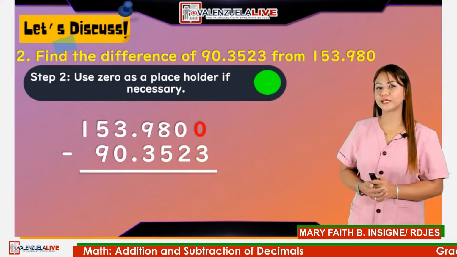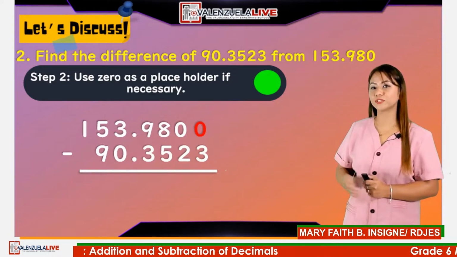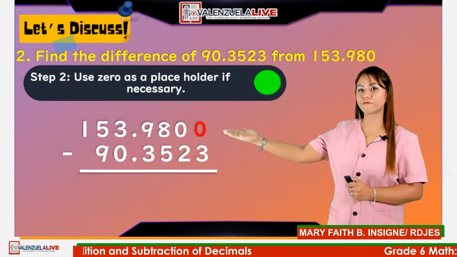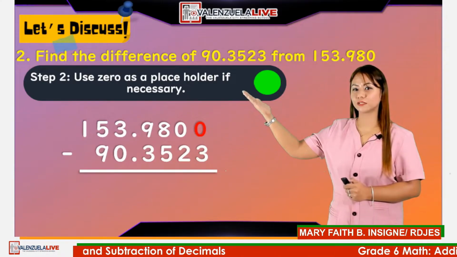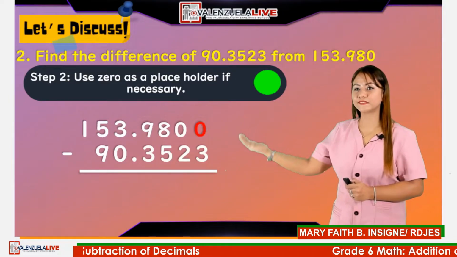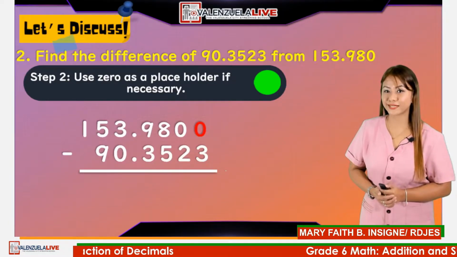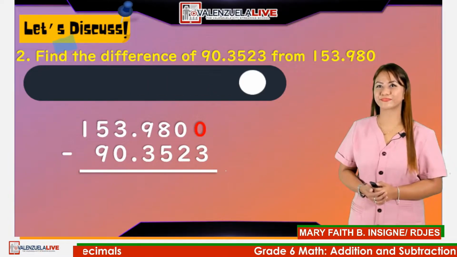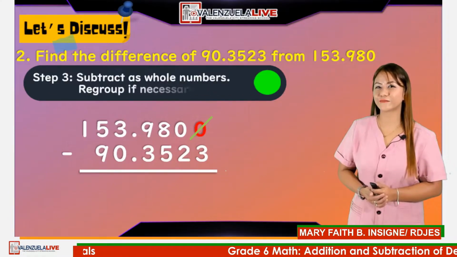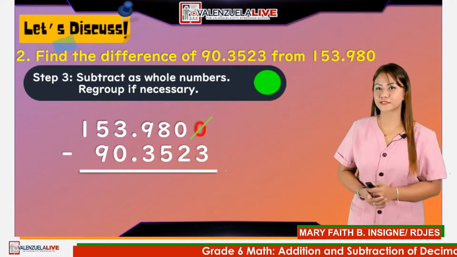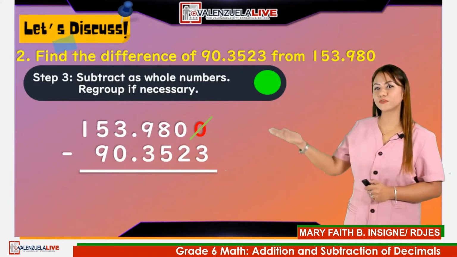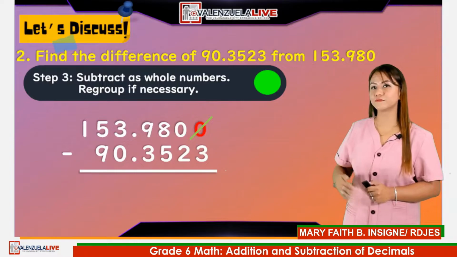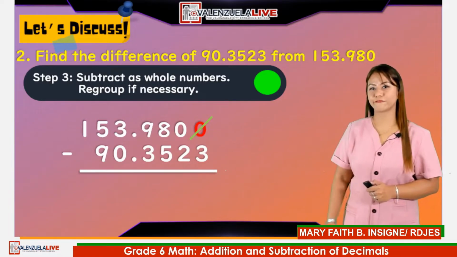You can write an extra 0 or trailing 0 to the right of the last digit of the first decimal, so that both decimals have the same number of decimal digits. Then step 3, subtract as whole numbers. Regroup if necessary. Let's start with the lowest value, or we subtract starting from right going to left.